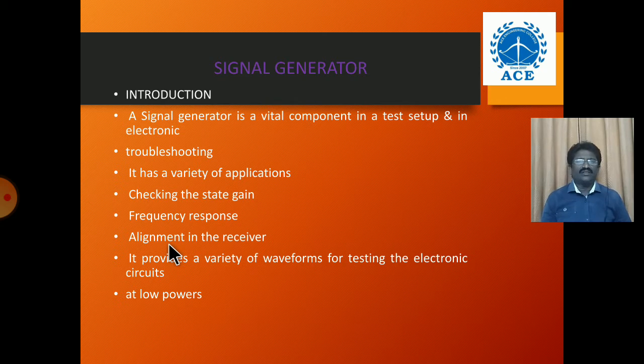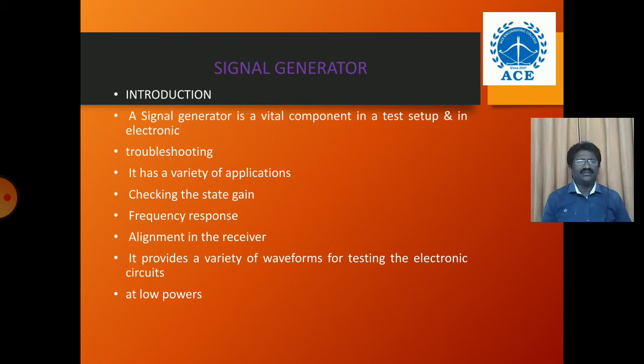Your signal generator has a variety of applications. Check the stage gain, frequency response, alignment in the receiver. It provides a variety of waveforms for testing electronic circuits. To test an electronic circuit, we need the help of an input signal that may be in the form of sine wave, square wave, or triangular wave.